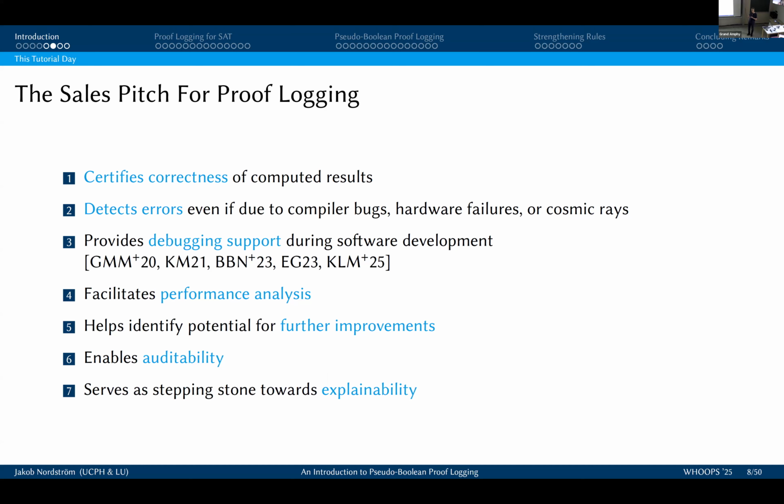After you've run your solver, you can save the problem instance, the answer, and the proof log for posterity, and anyone can recheck it even if they no longer have access to your solver. And the proof log, since it not only typically certifies that you have the correct answer, but it will also be an explanation why this solution is optimal, for instance. This can also be, we believe, an important tool for explainability purposes, which, as you will know, is quite a buzzword these days.